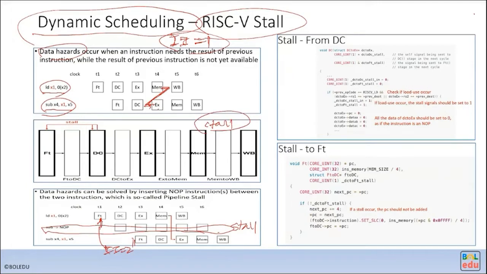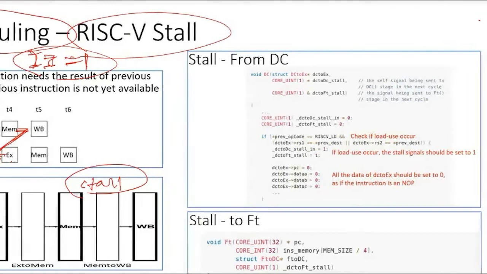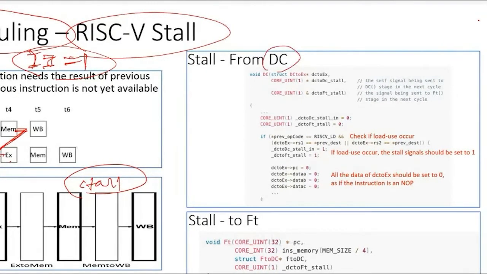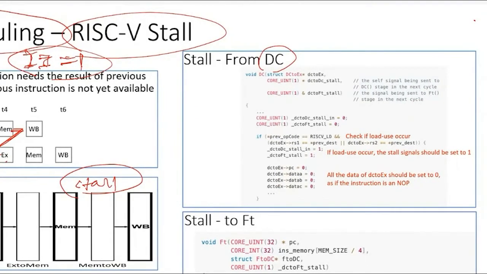Here, first you will need to do the detection. The detection is at the instruction decode stage. In instruction decode, you find out that the previous instruction is a load and the current instruction is a use, so a load-to-use case happens.